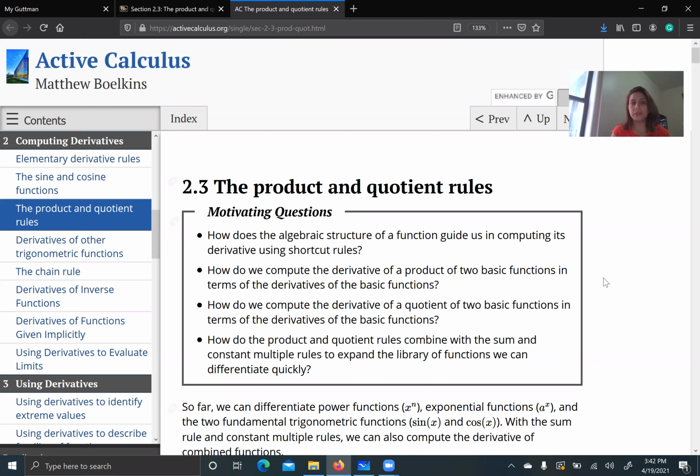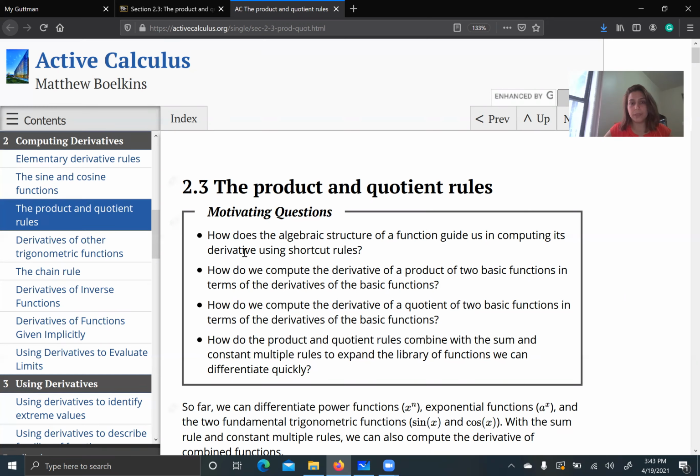In this video, we are going to focus on the third section of chapter 2, which helps us to study the product and quotient rules when we are taking derivatives.